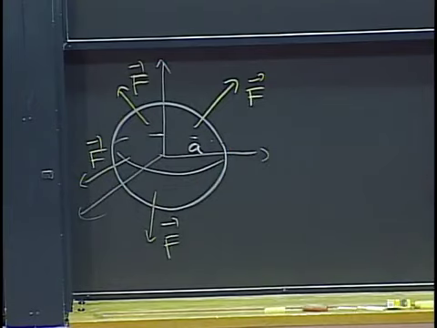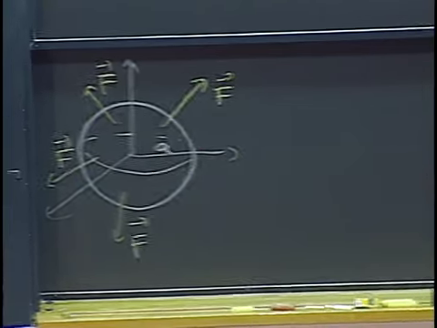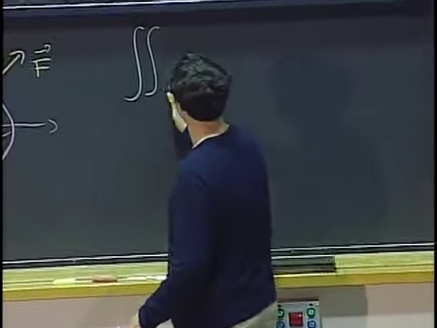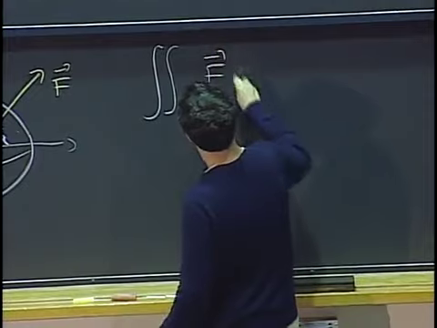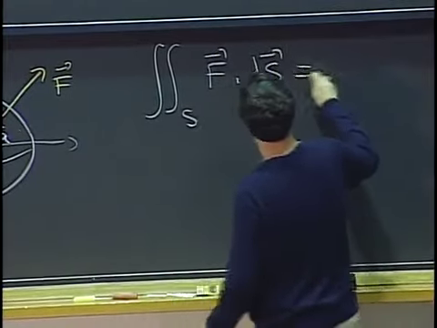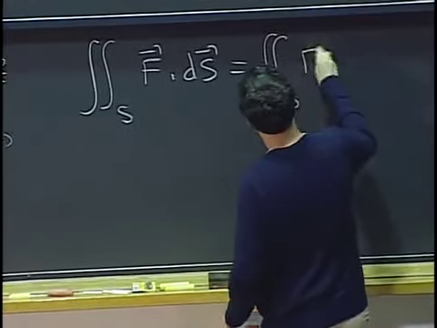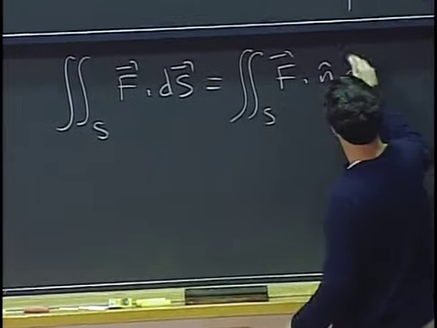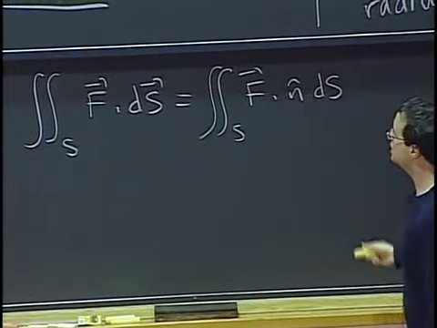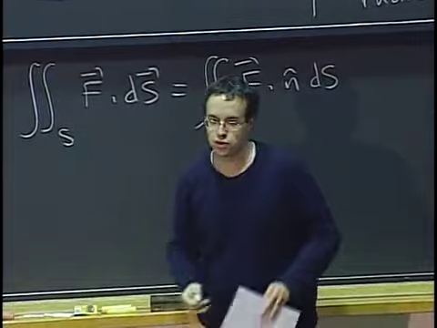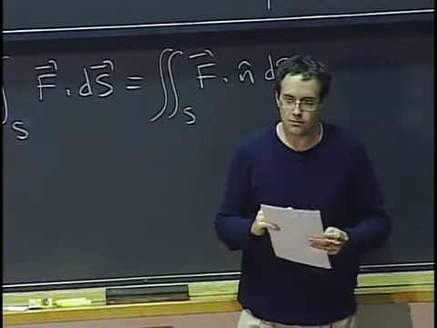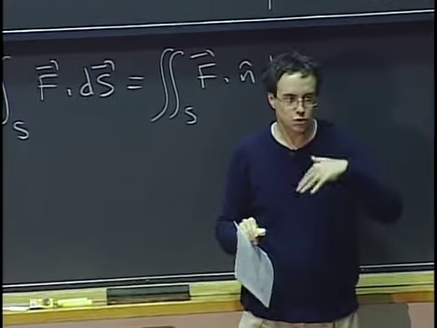Now I have to find the normal vector to the sphere if I want to set up the double integral over the sphere of f dot vector ds, or if you want, f dot n ds. So what does the normal vector to the sphere look like? Well, depends, of course, whether I choose it pointing out or in.